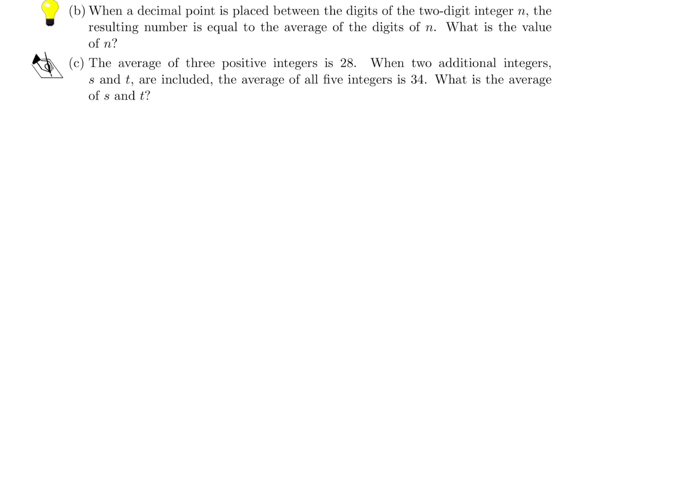Part B. When the decimal point is placed between the digits of two-digit integer n, the resulting number is equal to the average of the digits of n. What is the value of n? So let n equal AB. That's my two-digit integer.